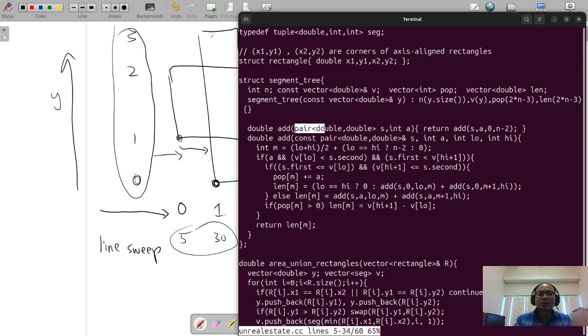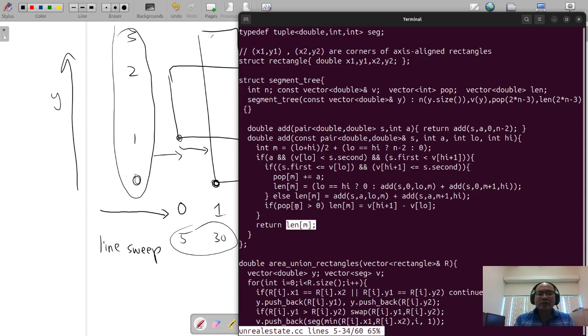Okay, so it keeps track. Add will basically add the interval and then either plus or -1, which basically increments or decrements everything in that interval. And then this length returns how many things in that interval tree are bigger than or equal to 0.